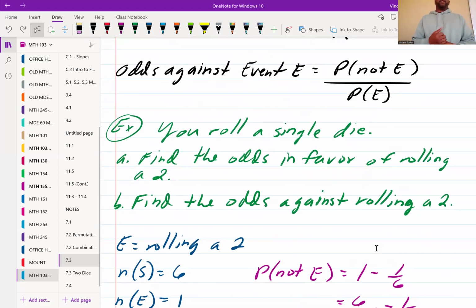All right, you roll a single die. Find the odds in favor of rolling a two, and find the odds against rolling a two.